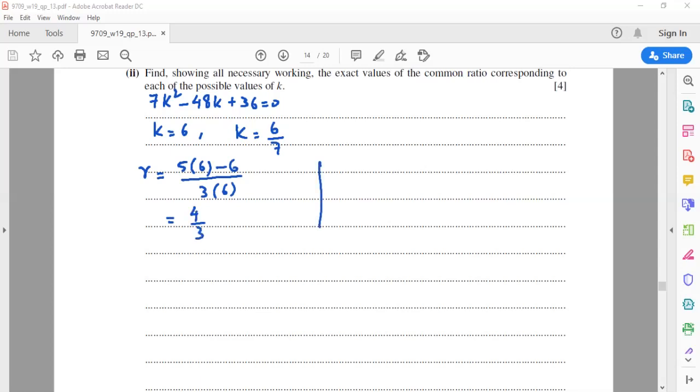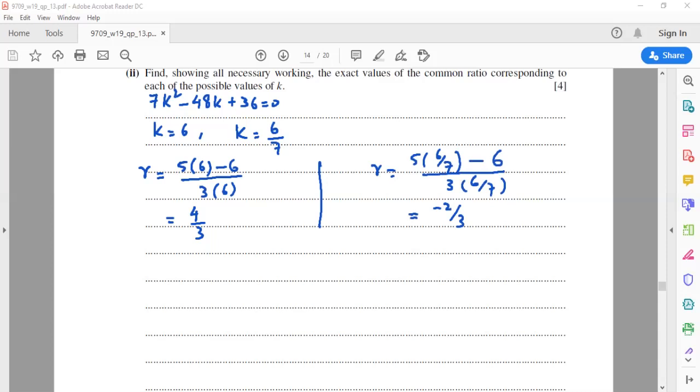Similarly, the second value of r corresponding to k equals 6 over 7: we get 5 times 6 over 7 minus 6, divided by 3k, so 3 times 6 over 7. After simplification, this gives us minus 2 over 3.